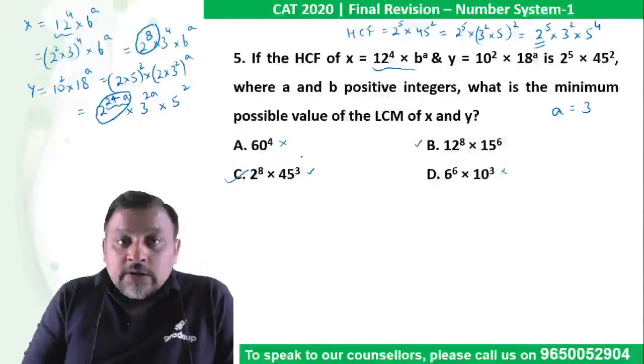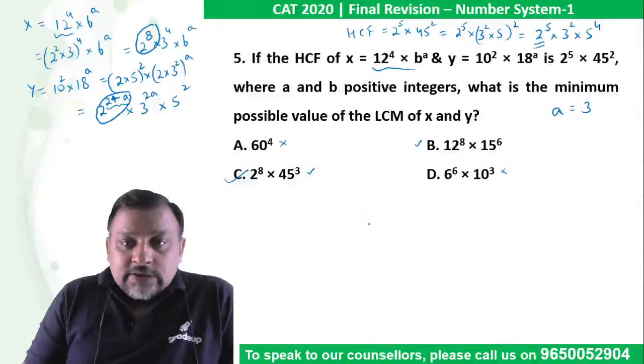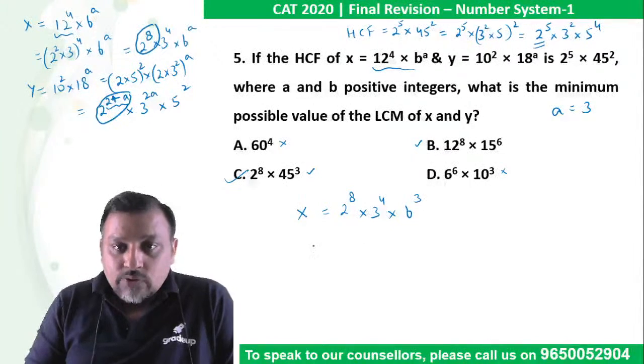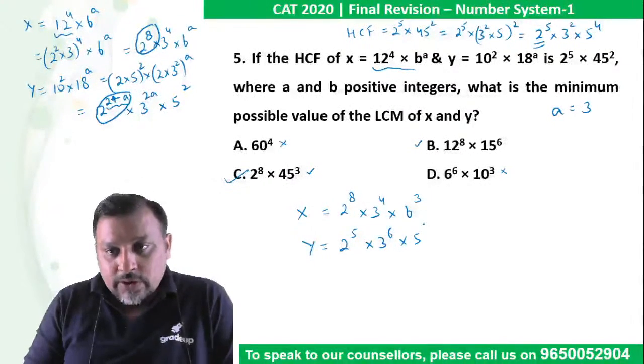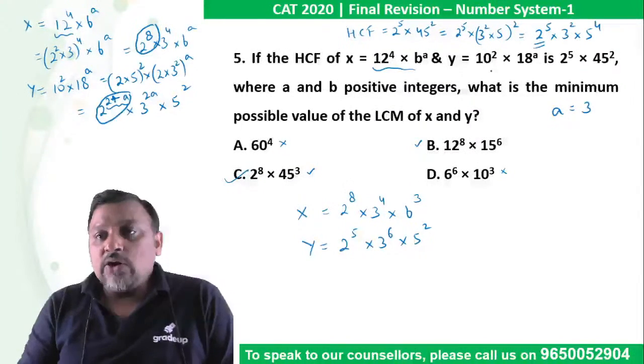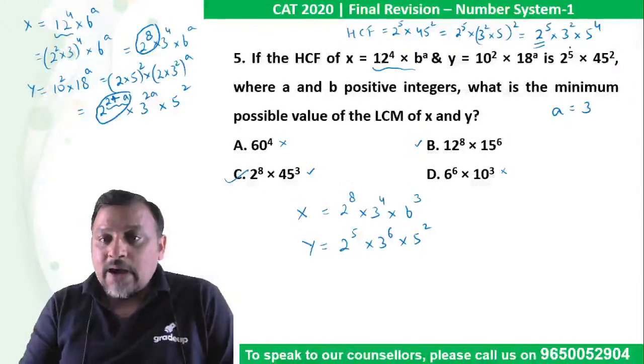Okay. So if we have got this, that means now x is 2 raised to the power 8, 3 raised to the power 4 and b raised to the power 3, where y is 2 raised to the power 5 into 3 raised to the power 6 into 5 square. Okay. And again, we know in HCF we have the smaller powers.